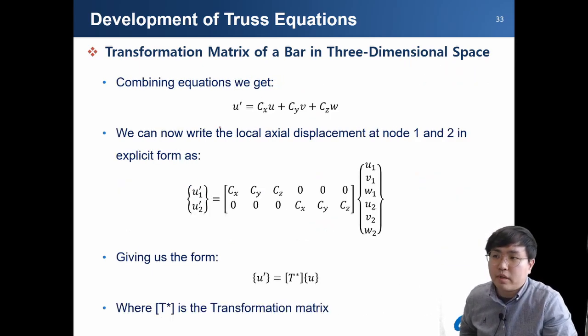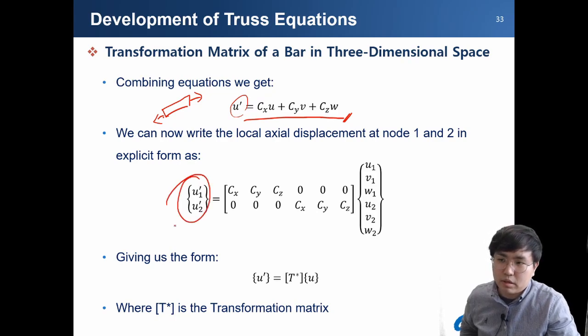However, in the one-dimensional truss element, we can only handle the x-axis displacement in the local coordinate system. That displacement u prime can be expressed like this in the global coordinate system. So our displacement vector of the one-dimensional truss element can be expressed like this.